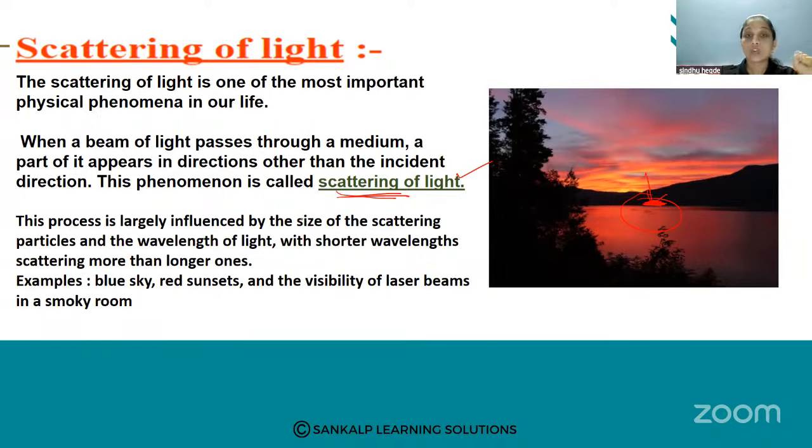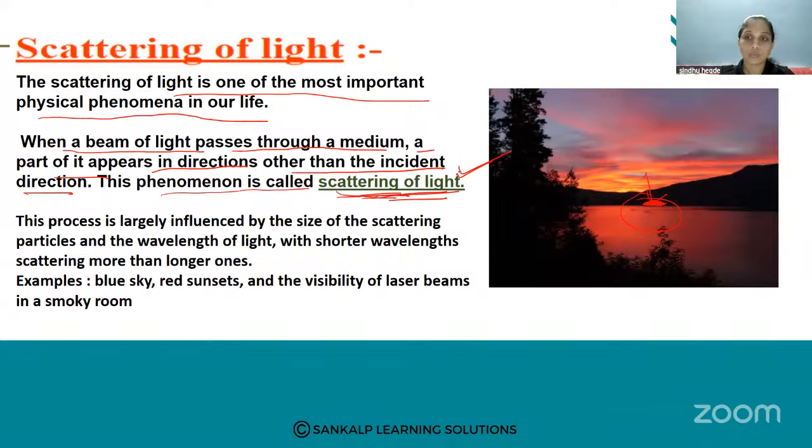Okay, we'll see the exact definition of scattering of light. The scattering of light is one of the most important physical phenomena in our life. When a beam of light passes through a medium, a part of it appears in directions other than the incident direction. That is called spreading of light. It takes place when the light hits particles of different sizes. This phenomenon is called scattering of light.